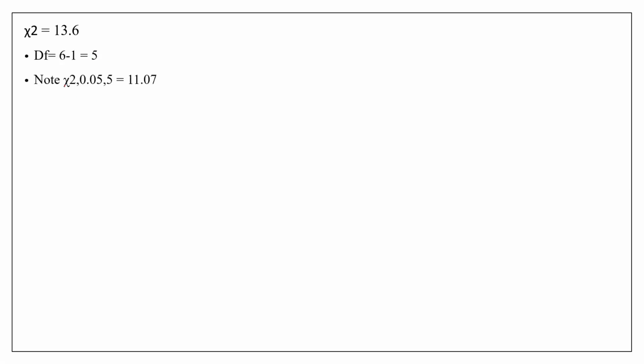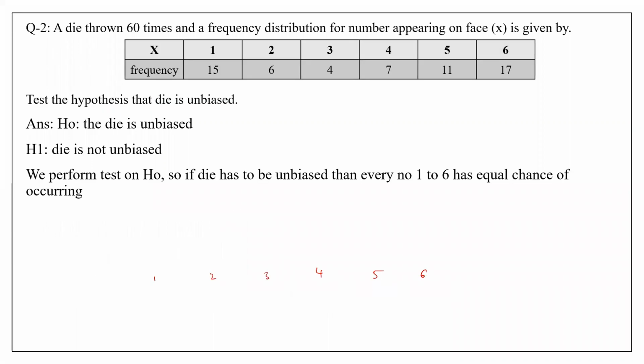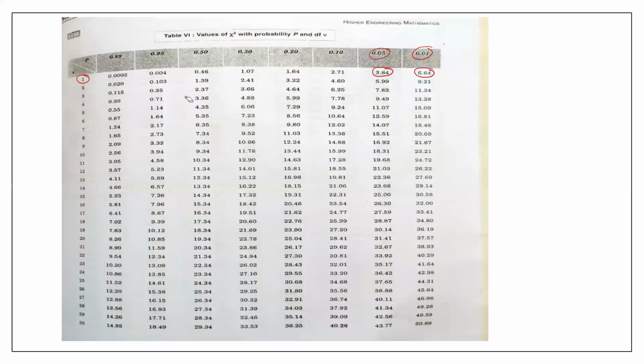So now you can find the chi-square critical values for 5% and 1% from the table. We can quickly check whether they are 11.07 and 15.09 or not. Your degree of freedom is 5, so we will check quickly so that we can understand the table.